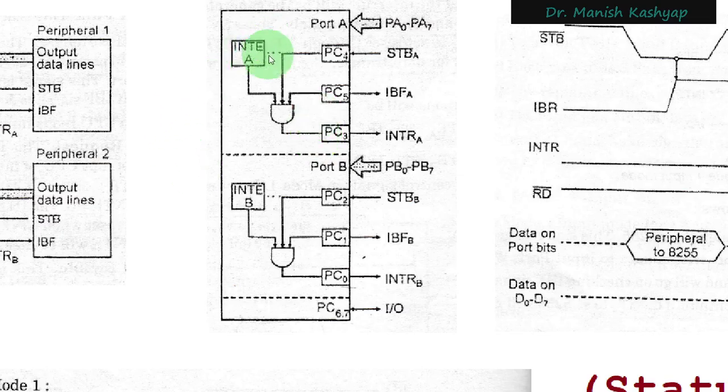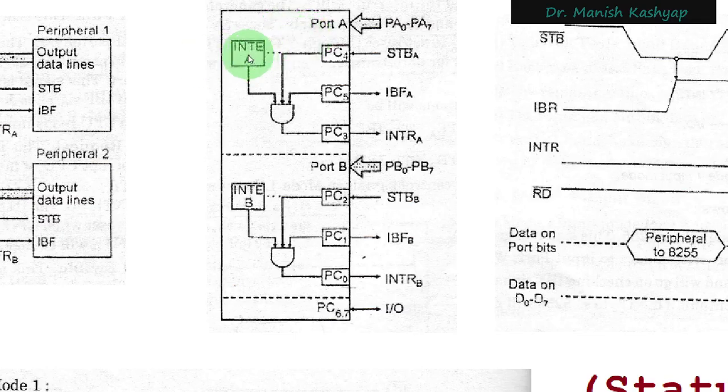This INTEA that you see here is from group A control only. This is for the interrupt initiated handshaking process. This is just one flip flop. If this bit is 1, then it will take the ending of this strobe signal, this IBF signal, and this INTEA signal. That means interrupts are enabled for the 8255 device.